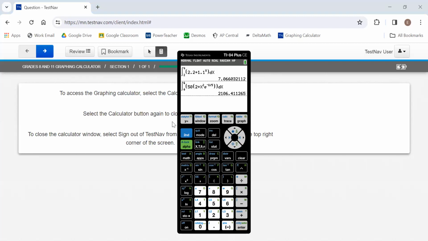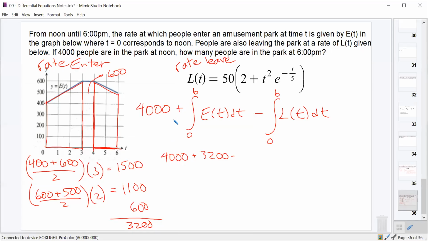So we'll go right back over here, and we'll now just subtract 2106.411265. Probably write the numbers in the right order. And if we just calculate what all that comes out to be, 4,000 plus 3,200 is 7,200.